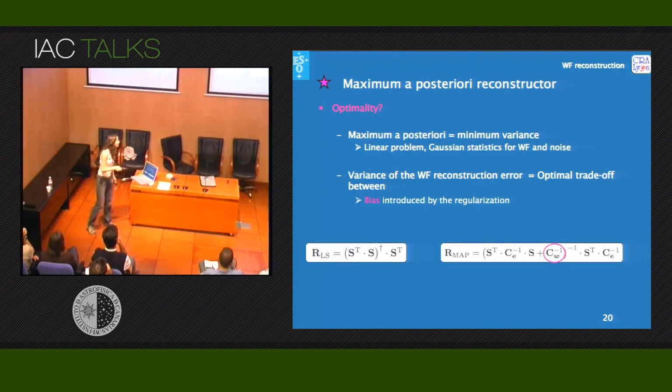They must follow the turbulence statistics, and so you constrain your estimation to follow these statistics. With this constraint, you bias your estimation. The maximum a posteriori reconstruction gives you the best trade-off between the bias you introduce with the regularization and the noise propagation you introduce with the term which is linked to the data here.